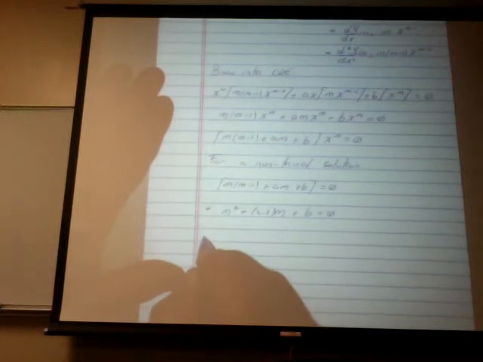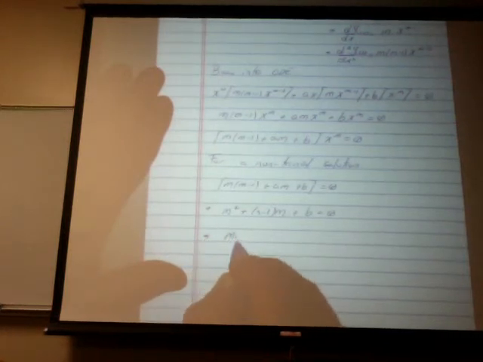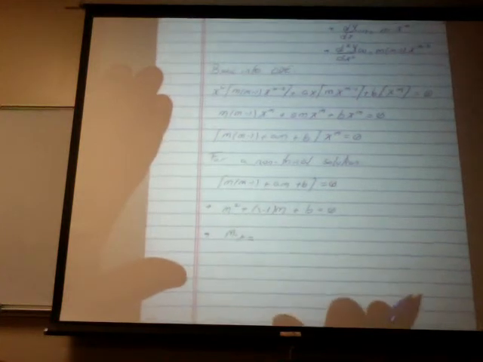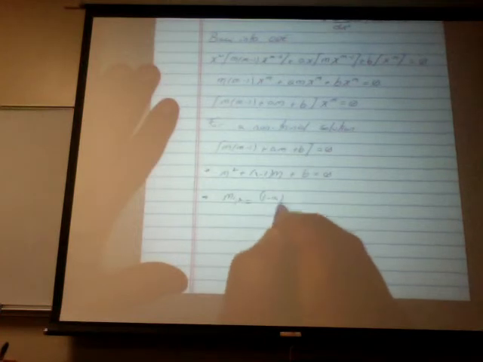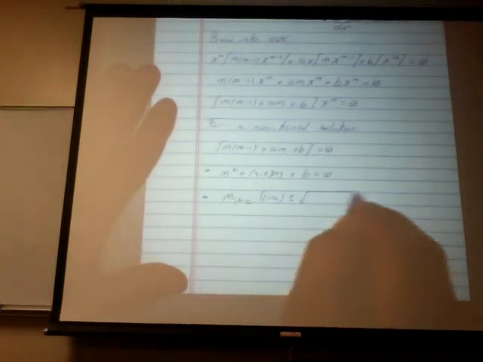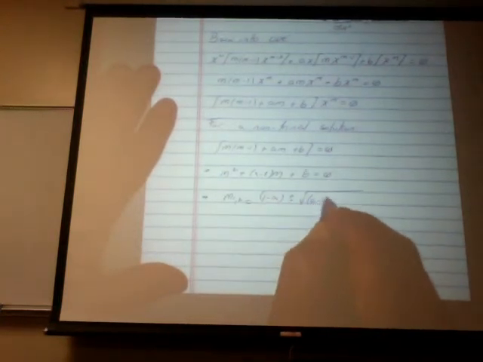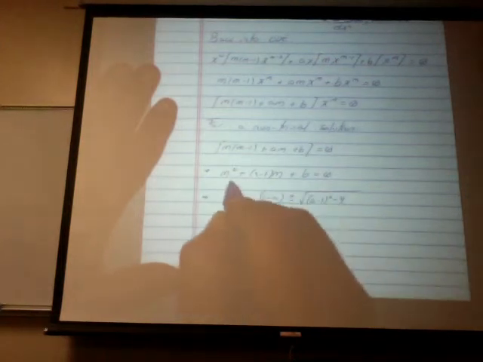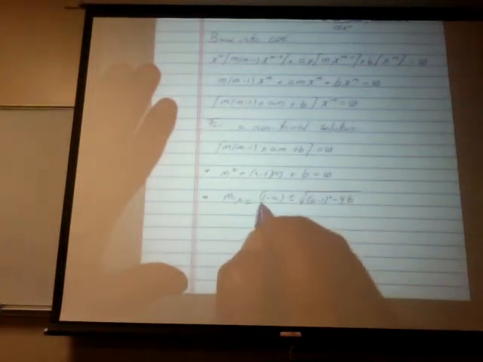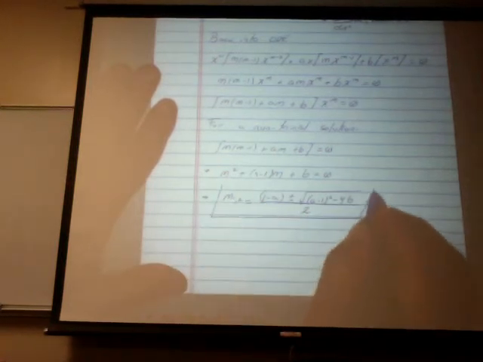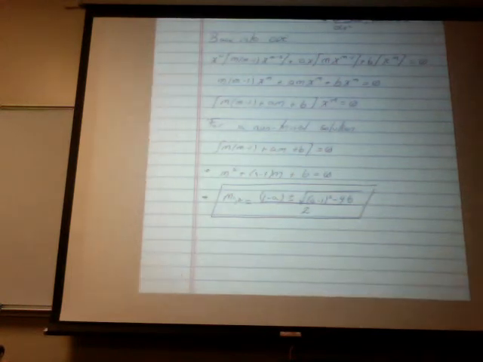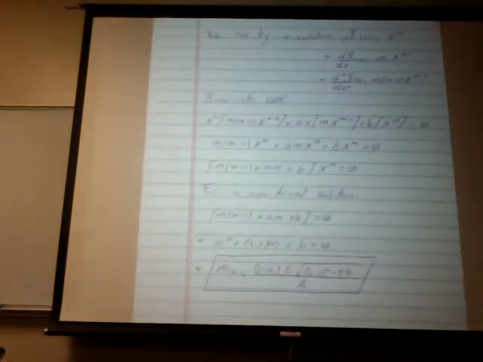And that will mean that we can find m1 and m2 as the roots of this polynomial: 1 minus a plus or minus the square root of a minus 1 squared minus 4 times 1 times b, divided by 2. So any of those two values of m will satisfy the equation.